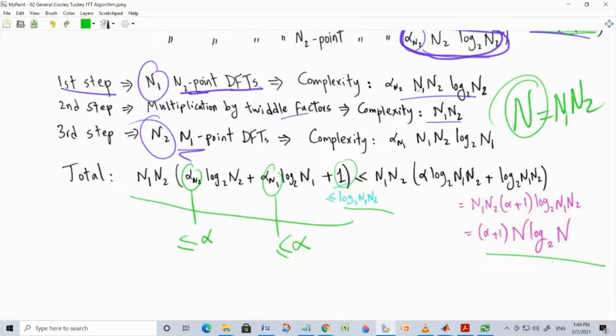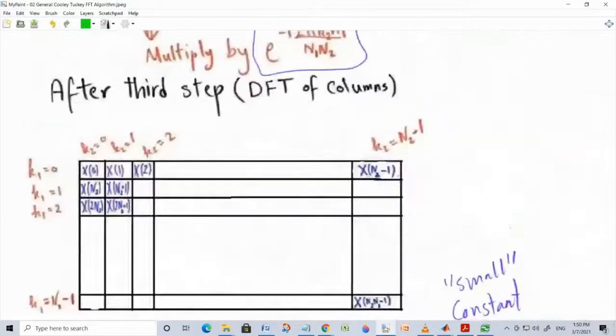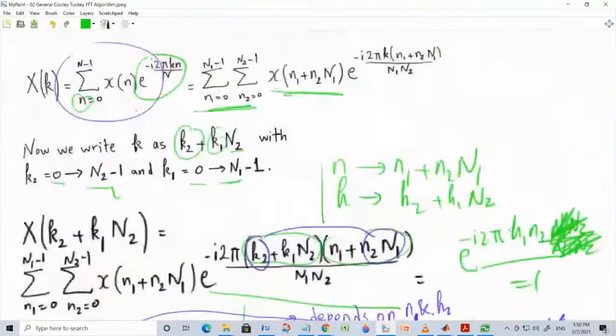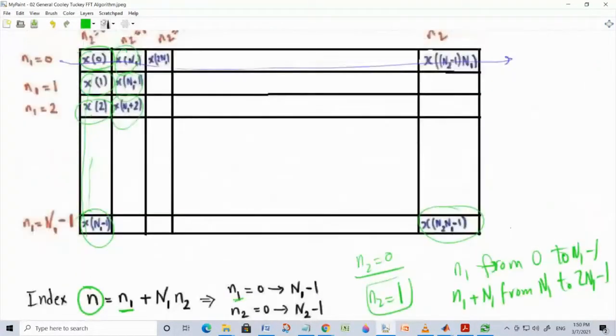Can you basically use those algorithms in some way such that the overall complexity of computing a DFT of size N1 multiplied by N2 will be of order big N log N? Yes. So this is the way to go. Think of your one-dimensional data as actually two-dimensional. Write it column by column. Do DFTs of the rows, multiply by the twiddle factors, do DFTs of the columns, and you are done.